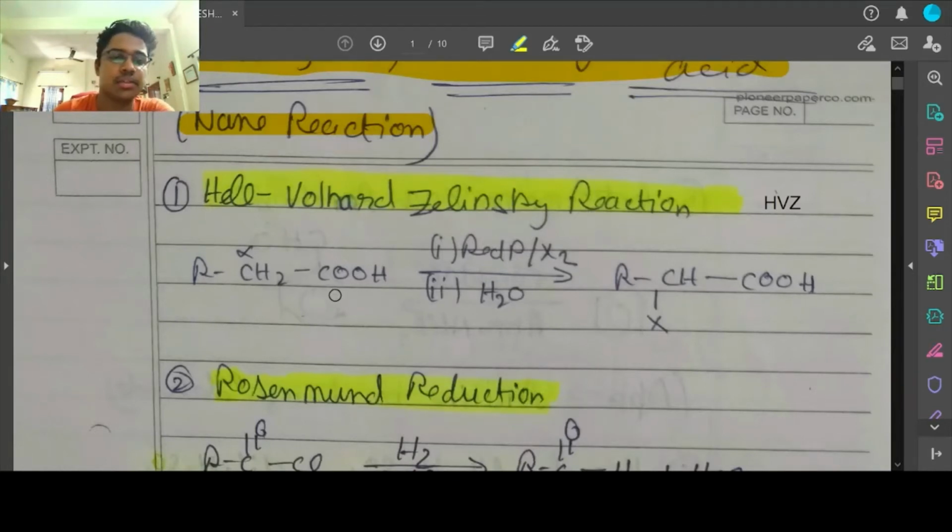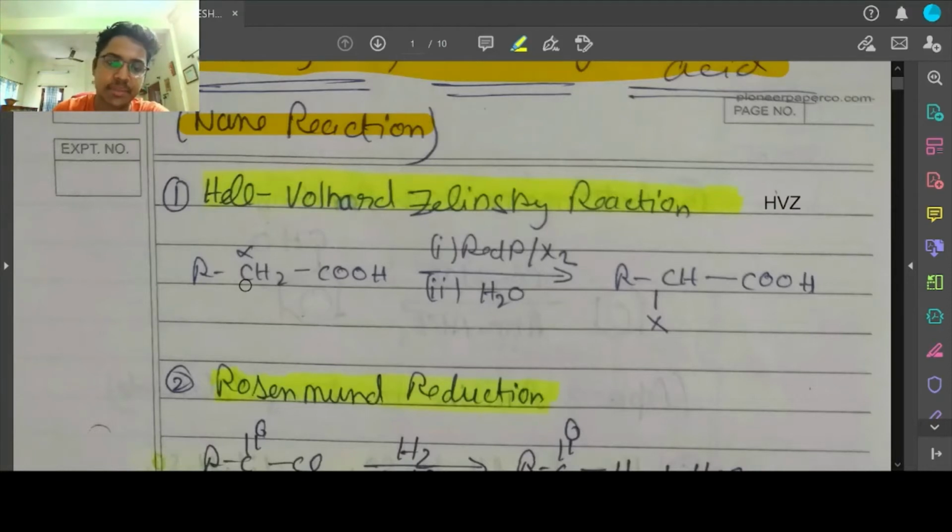This R is an alkyl group, and this is a CH2, and the CH2 attached to the COOH group, this carbon, is known as the alpha carbon. Any carbon attached directly to a COOH group is an alpha carbon, and these two hydrogens are known as alpha hydrogens.